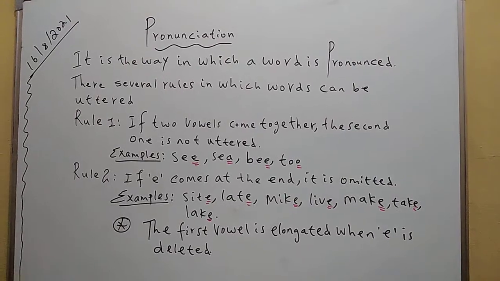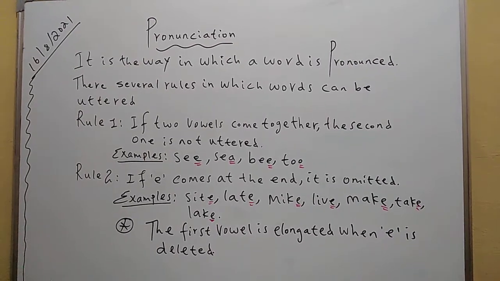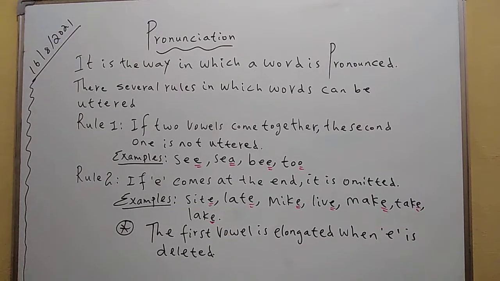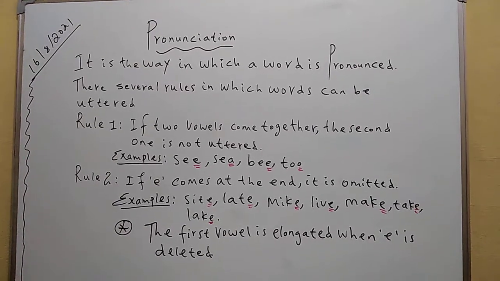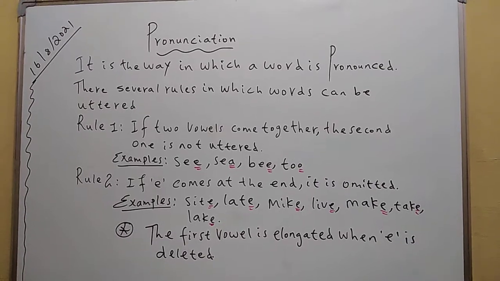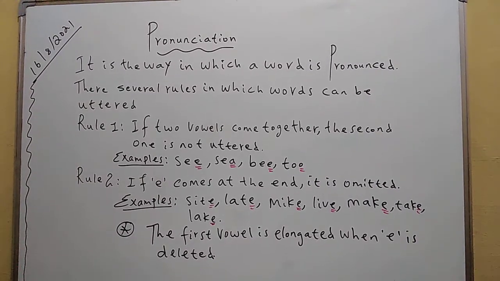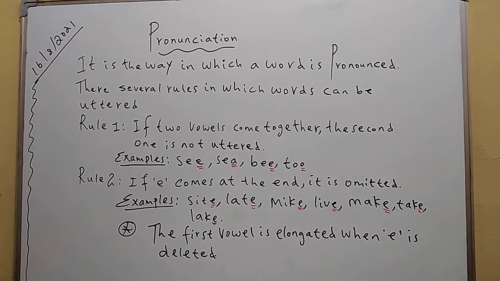So they have to be pronounced in this way. Whenever you get these words, I'm talking about words which have one syllable, this rule can be applied to them, so you can use it in this way.